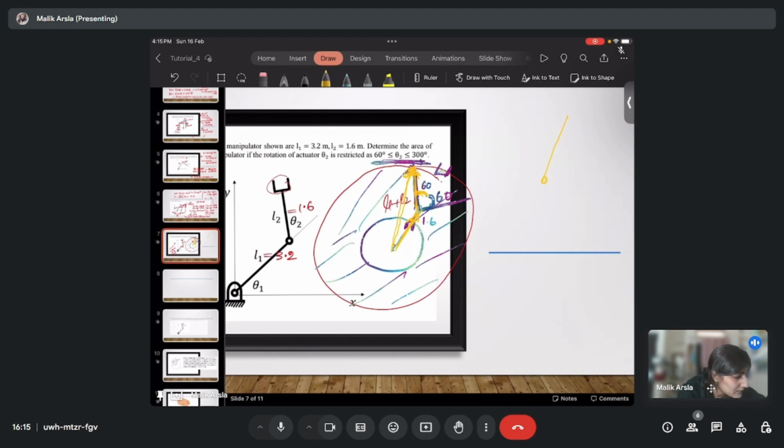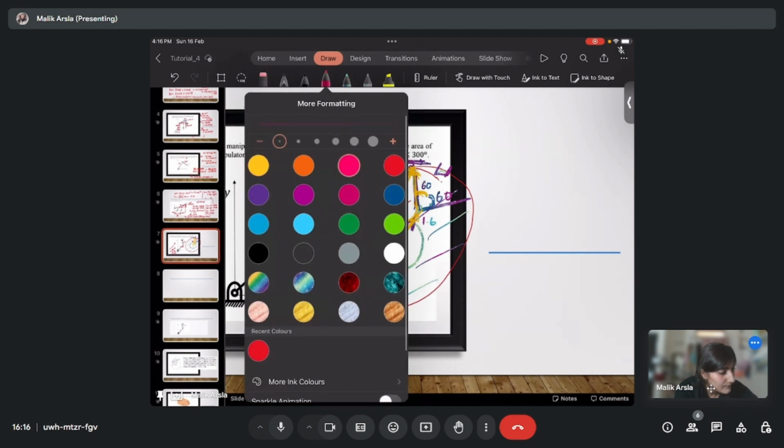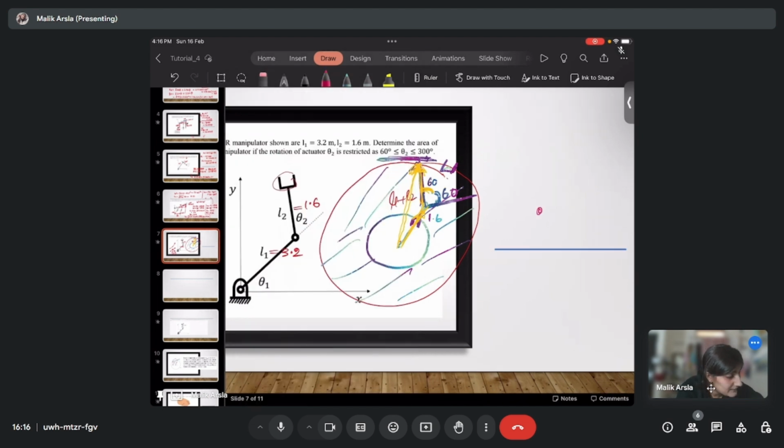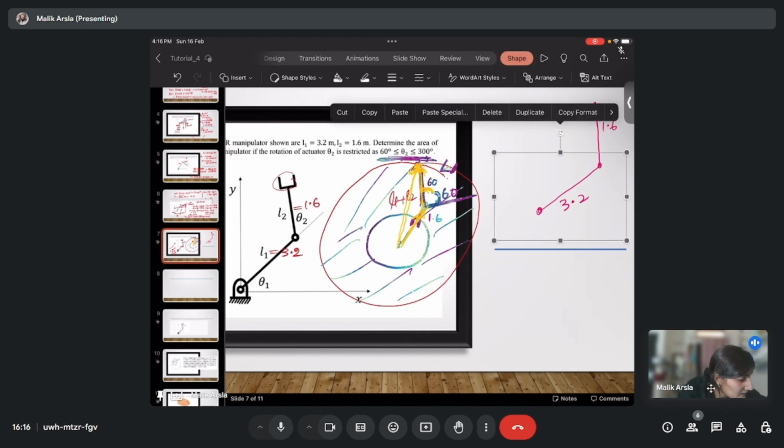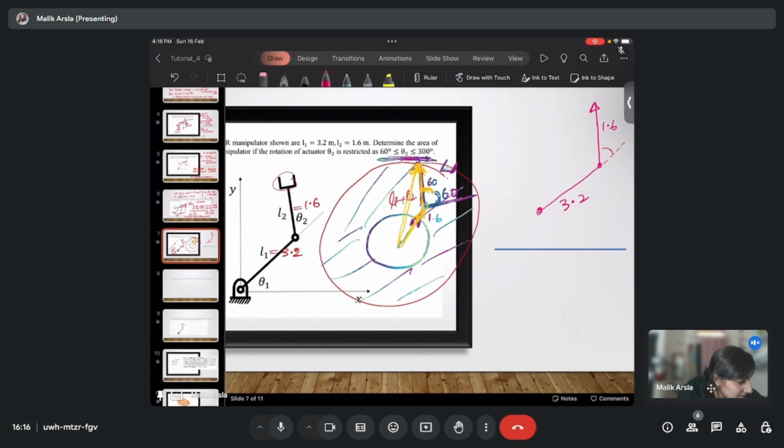Now we know that this length, link number 2, is 1.6, and this length is 3.2. This link length is 1.6, right? And let's call this angle 60.